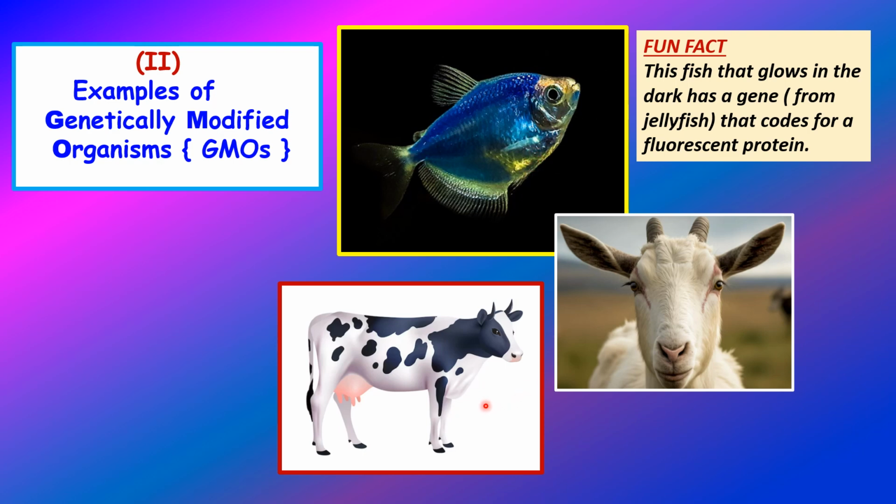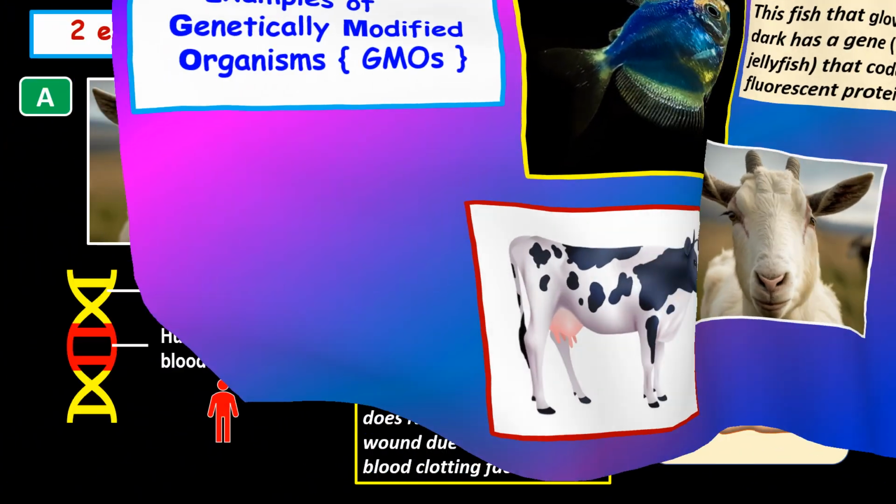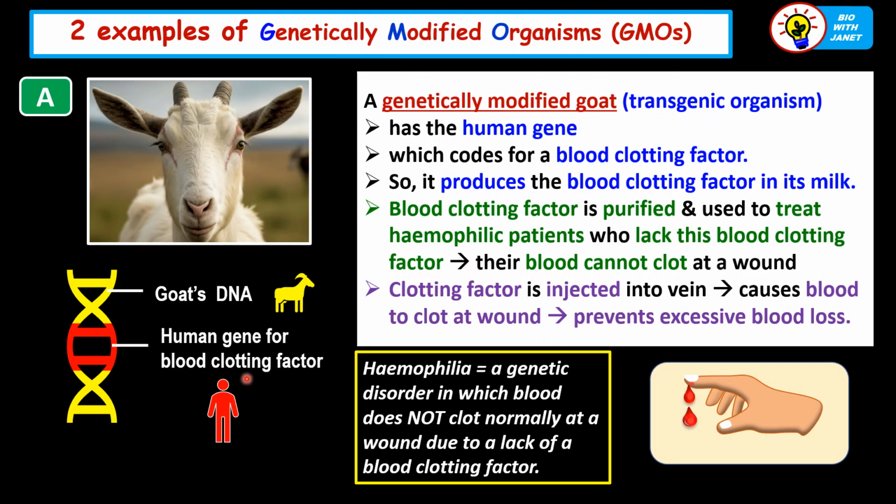Now, we are going to talk about two examples from the textbook, which are a genetically modified cow and a genetically modified goat, which is a transgenic animal. The first example of a GMO is the genetically modified goat. It has the human gene which codes for a blood clotting factor.